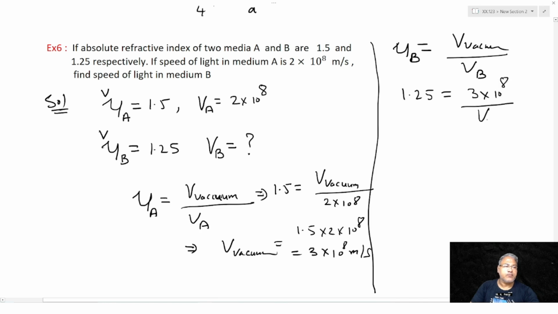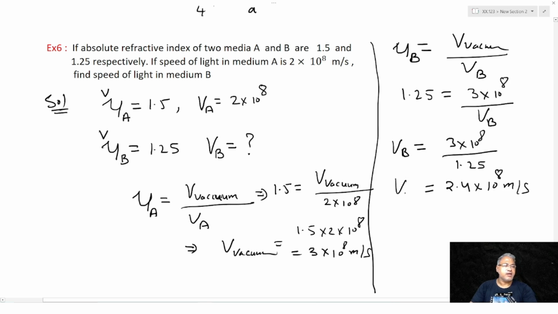So the velocity of light in medium B equals 3 into 10 raised to 8 upon 1.25. When you divide it, you get 2.4 into 10 raised to 8 meter per second. So the velocity of light in medium B equals 2.4 into 10 raised to 8 meter per second.